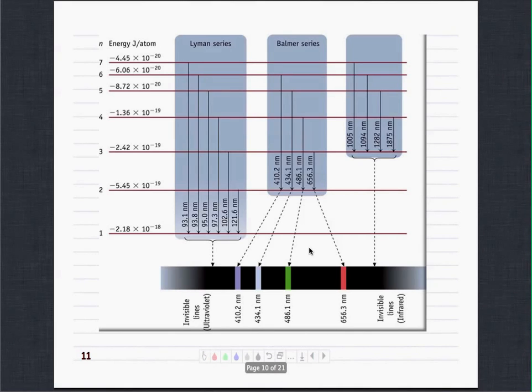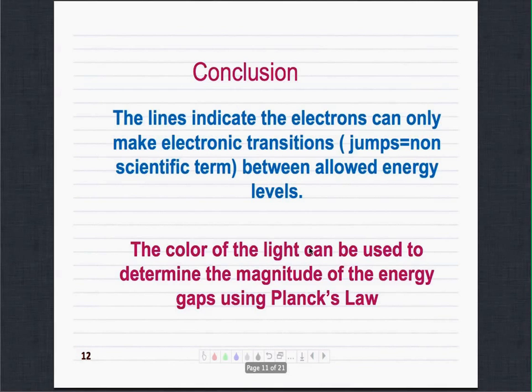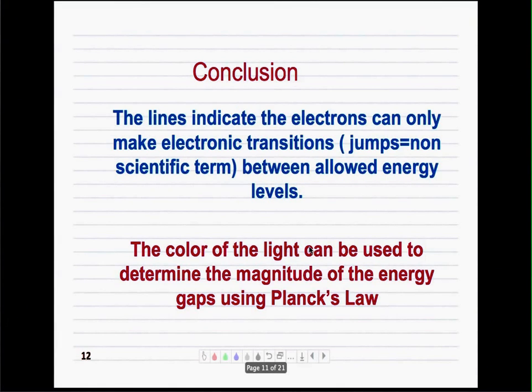Now we're going to learn how to calculate the energy level, how much energy there is for each one of these, and how to calculate the energy when the electron transits from a certain level to another. So the conclusion of what we just said is that the lines we saw indicate the electron can only make electronic transitions between allowed energy levels.